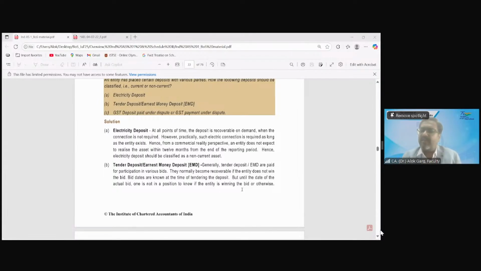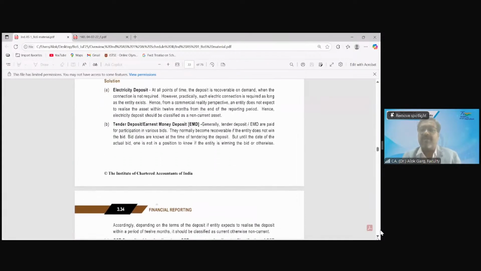They normally become recoverable if the entity does not win the bid. If the entity wins the bid, then the money has to be forfeited. But if the entity does not win, then the money has to be recovered back from the government.